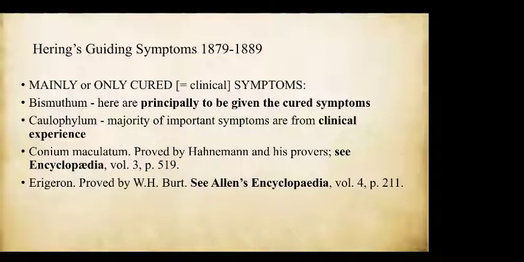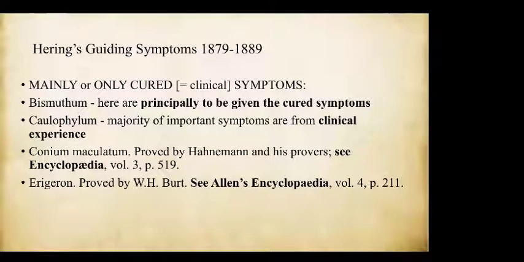So it tells us something about Herring's Guiding Symptoms. They were constructed from 1879 to 1889. Now Herring dies in July 1880. So everything later than that date is done by his son-in-law and two other German medical doctors that practiced homeopathy, Mohr and Raue. Herring's Guiding Symptoms is mainly or only clinical symptoms.